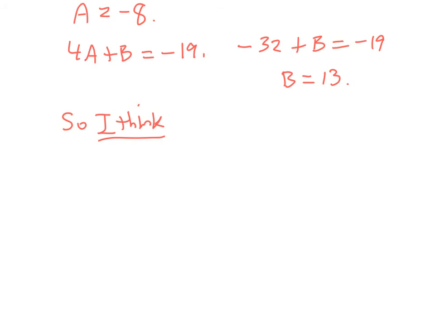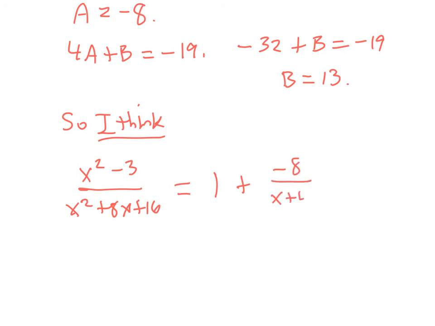But anyway, I think this means (x squared minus 3) over (x squared plus 8x plus 16) is going to be equal to 1, that's that 1 that I had earlier, plus, and then I'm going to have that -8x minus 19 over (x plus 4) squared part. That is -8, that's my A, over (x plus 4) plus -19 over (x plus 4) squared.